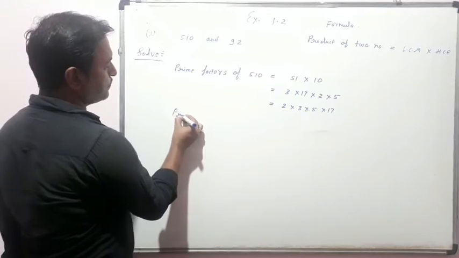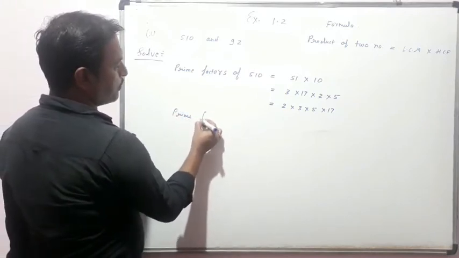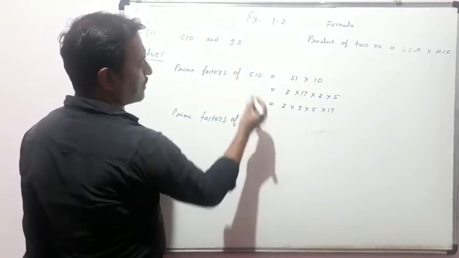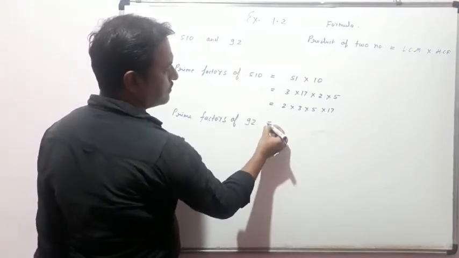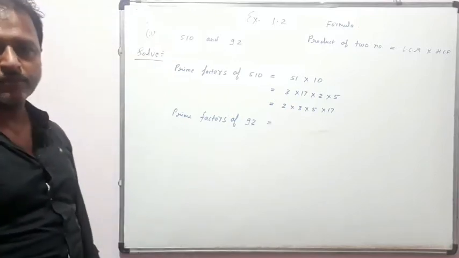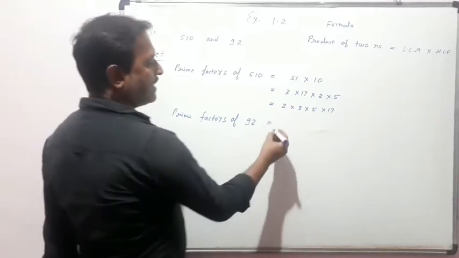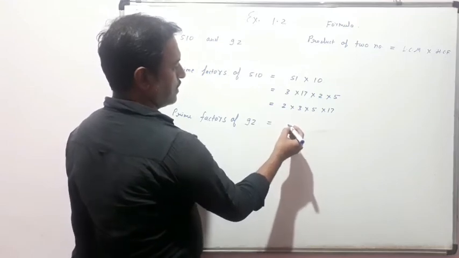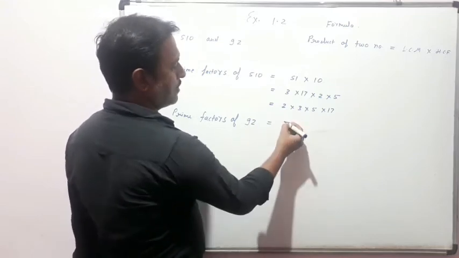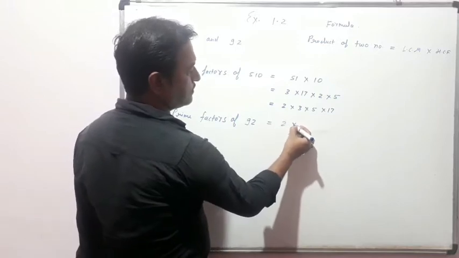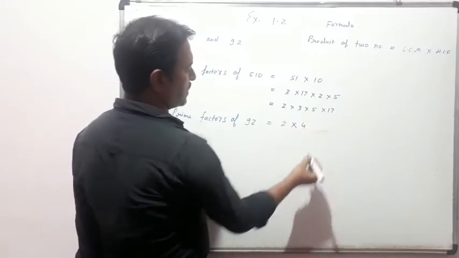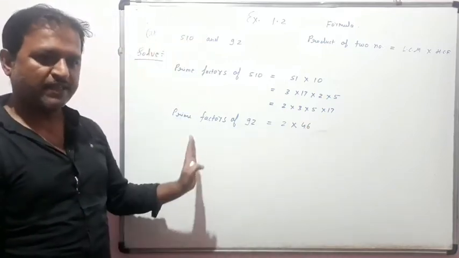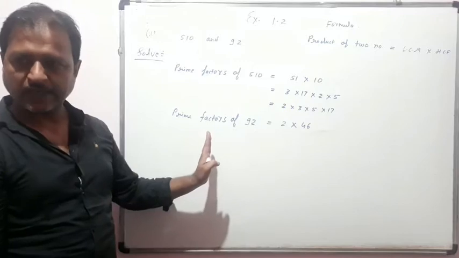Similarly, prime factors of 92. So 92 can be 2 into what? 46. 2 into 46 is 92. Clear?